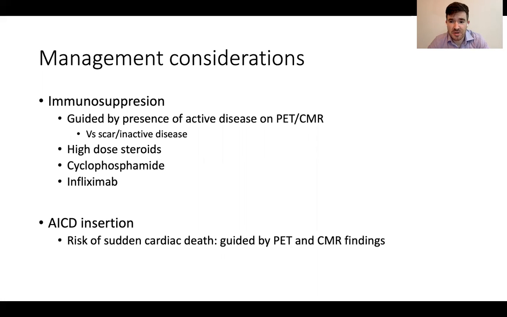Management is generally immunosuppression with high dose steroids, and then often addition of other agents such as infliximab. AICD insertion. Obviously, one of the major concerns and causes of death in these patients is ventricular arrhythmias and sudden cardiac death. And prognosis is guided again by uptake on PET and the degree of late gadolinium scar on magnetic resonance imaging.